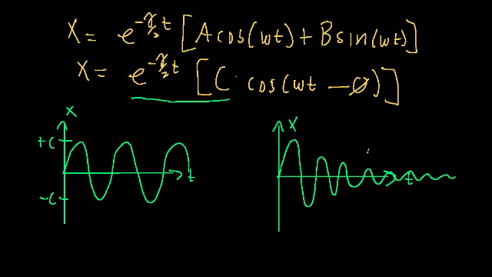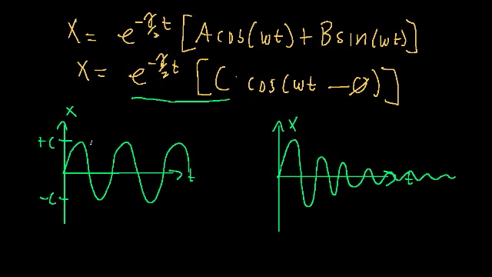And that kind of makes sense if we think about it from a physical system perspective, like a mass and spring that's experiencing drag. We know that the oscillations are going to get smaller and smaller, and they're eventually going to stop. So this is what this function here is describing. But the key thing to keep in mind is that the amplitude is exponentially decaying.